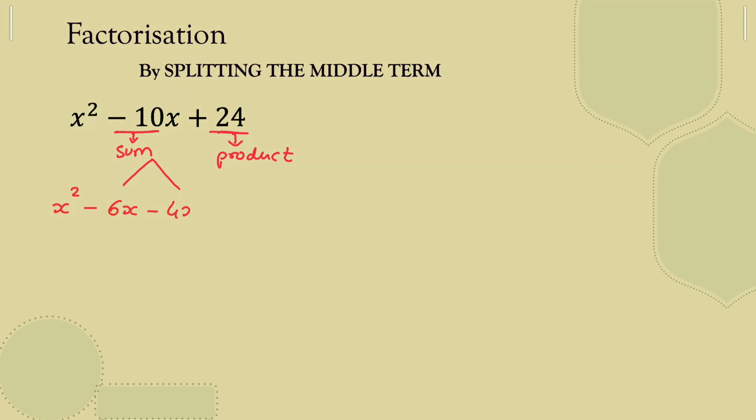The required two numbers are negative 6 and negative 4. So you split the middle term negative 10x as negative 6x, negative 4x. From the first two terms, x is common and remaining factors are x minus 6.